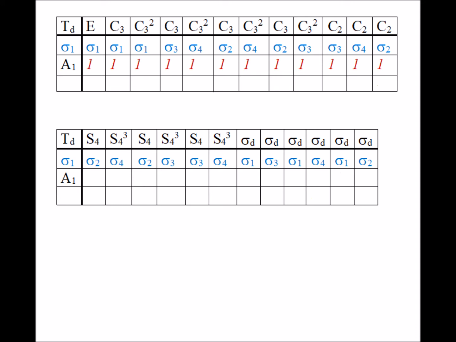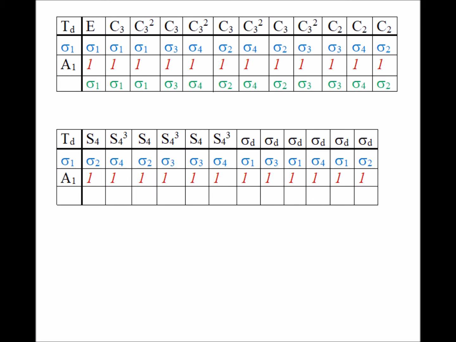Since A1 is the totally symmetric representation, all the characters are equal to 1. So first we enter the red ones in the second row of our table for each and every symmetry operation. Then we do the same for the bottom part of the table.